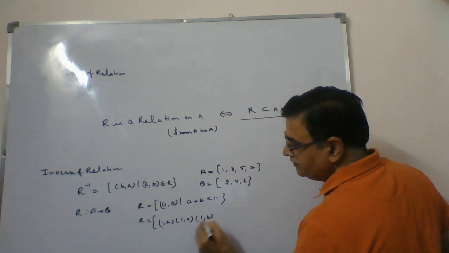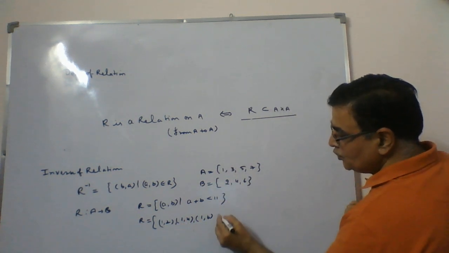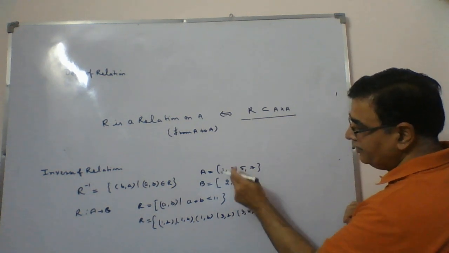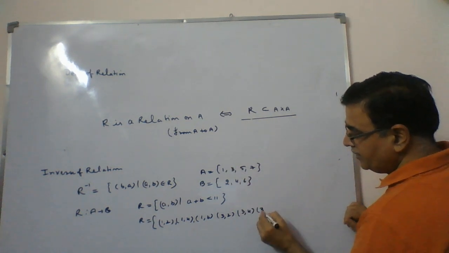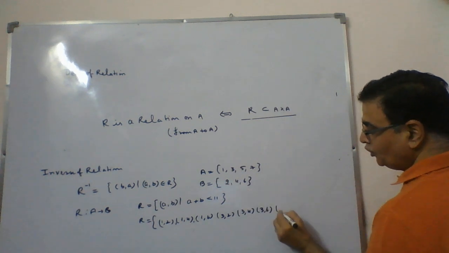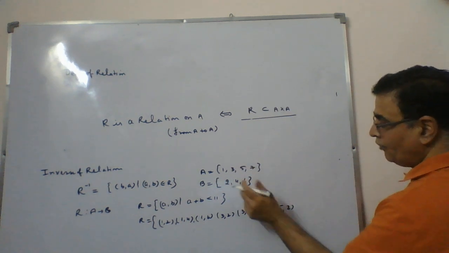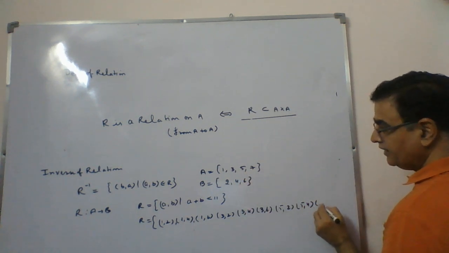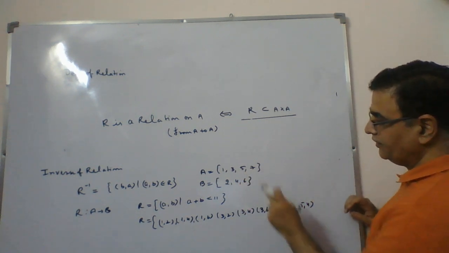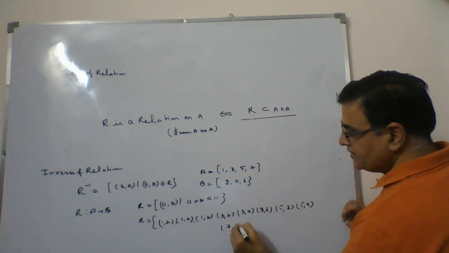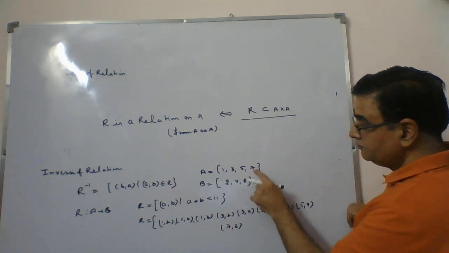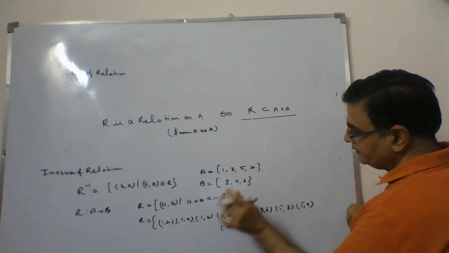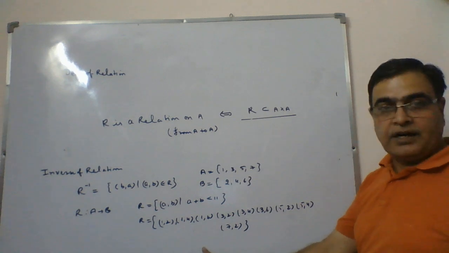Then 3, 2, yes. 3, 4, it will be taken. 3, 6, 9, it will be taken. 5, 2, yes. 5, 4, yes. 5, 6, 11, no. Then 7, 2, yes, 9, less than 11. 7 and 4, 11. 7 and 6, 13. So no. This is R.